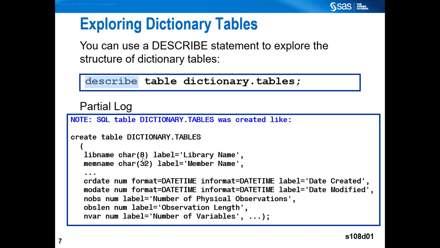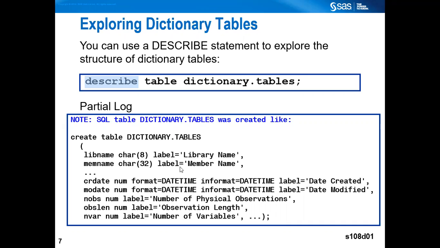Then member, which has the label memname. Then it tells when it was created and modified, and obs means the number of observations. OBSLEN is the observation length, and nvar is the number of variables. So when you write dictionary dot tables, it tells you the detailed contents of a specific data set: how many columns, how many rows, or what the column lengths are. This is how the keywords are.